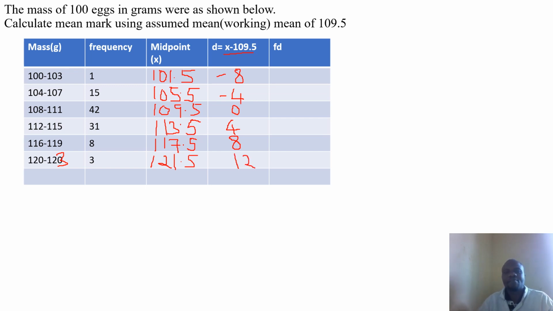Now the next column is the frequency multiplied by this difference column. If I multiply 1 times negative 8, I still get negative 8. If I multiply 15 by this, I get negative 60.